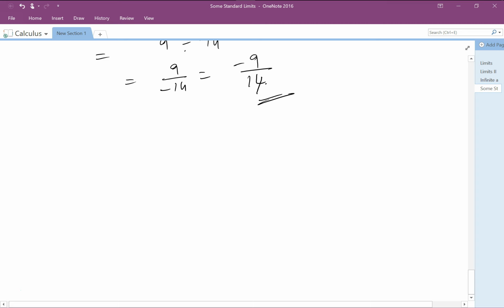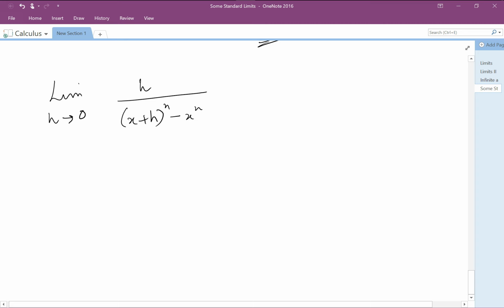There are different ways in which a problem may be given. Sometimes you have to use some tricks, and the only way in which you will know those tricks is by actually practicing a lot. Let's take the limit as h approaches 0 of h by x plus h to the power of n minus x to the power of n. Now x plus h. Okay, so now what do we do with this? Looks tricky, but the pattern is still somewhere visible. So what can we do?